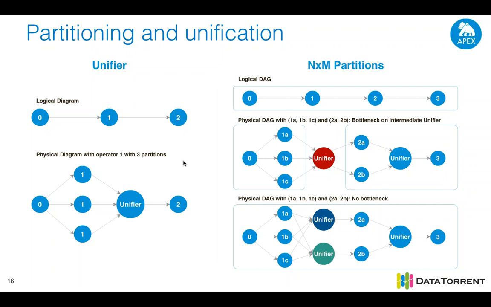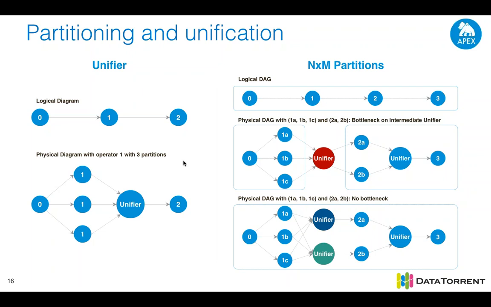On the right side, you see a more complex partitioning scheme where you have, let's say, 4 operators, and 1 and 2 are both getting partitioned. If we extend the logic we were talking about earlier and put a single unifier between the first and second stages, that could bottleneck, because all the data would be coming into one unifier and then getting split into the partitions of 2.